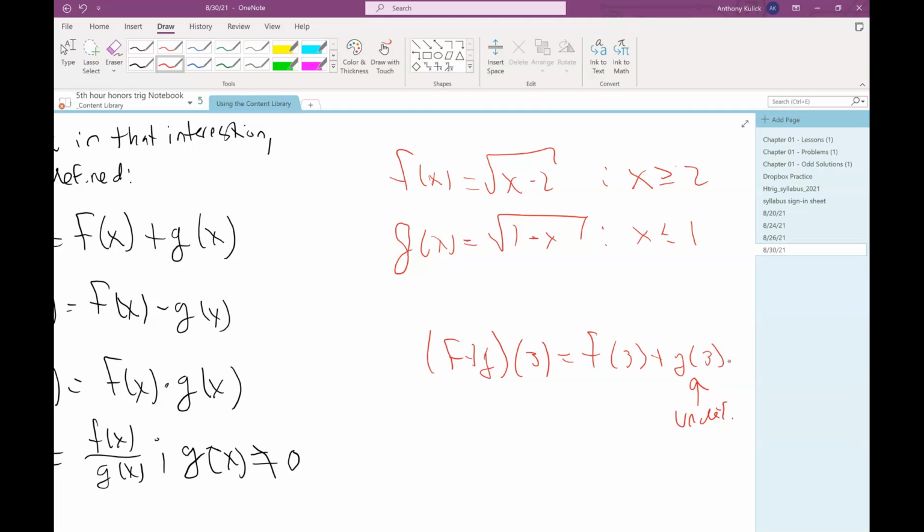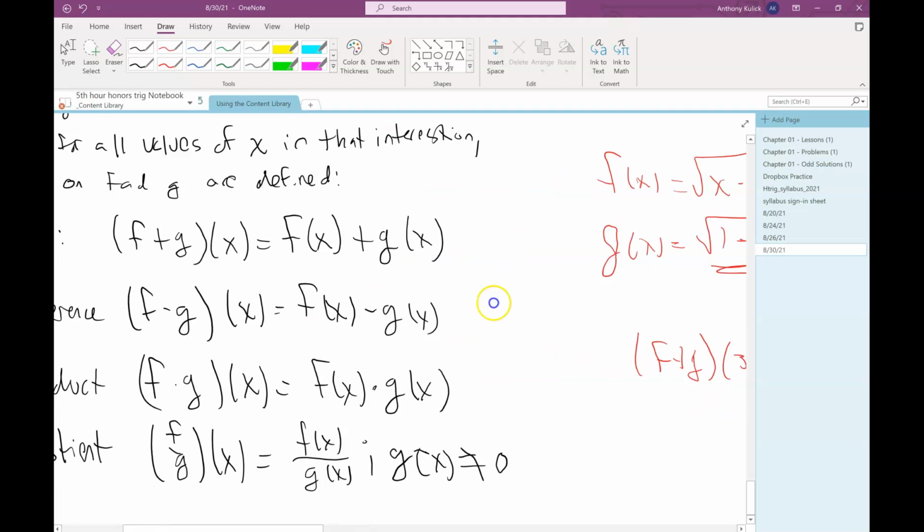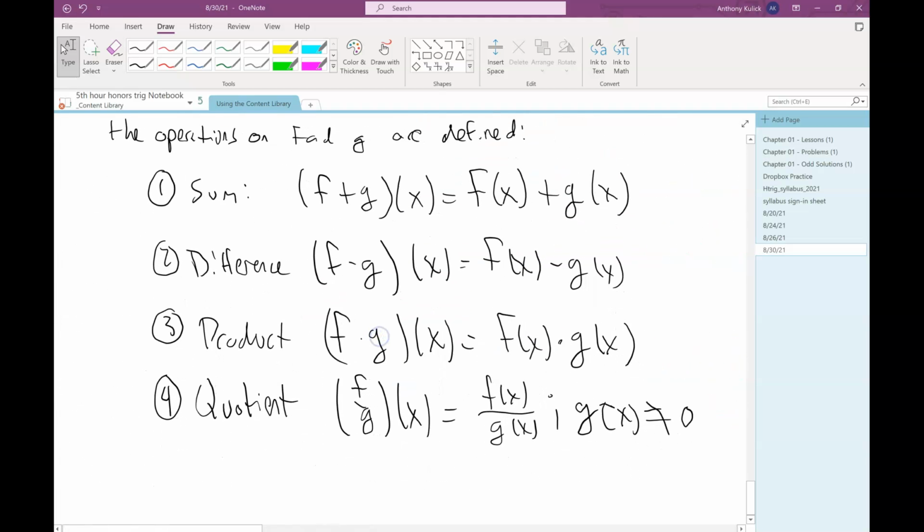Well, if I do 1 minus 3, it's a negative, and I take the square root of it, uh-oh. You know what I mean? So just like if you don't have an x that you can plug into both functions that works for both of them, like what are we doing here? It's just making sure that the problem's even possible. You know what I mean? So that's why that little caveat's in there.